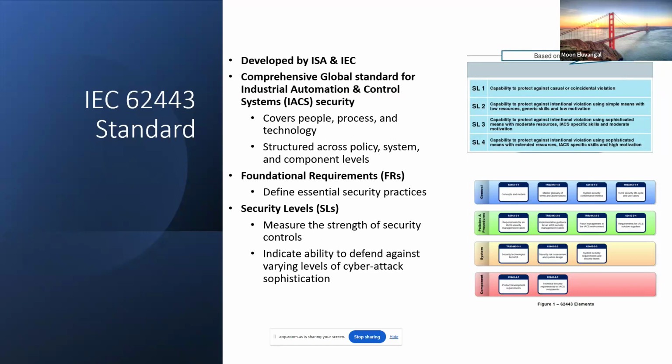It was earlier called ISA 99, and ISA is basically an organization for industrial automation. IEC also develops a lot of standards for industrial automation and the power industry, like communication standards, which are very familiar to everyone in the ICS space, like IEC 60950, IEC 101, 104.